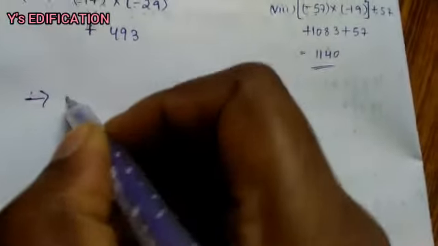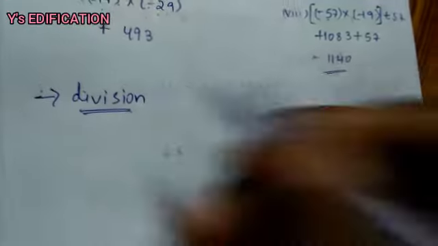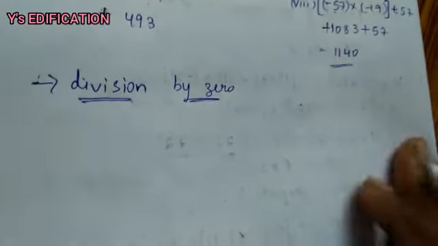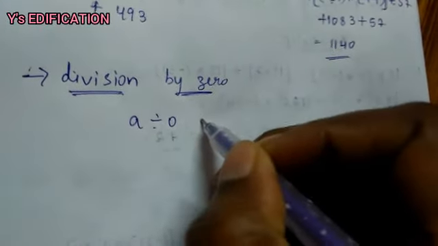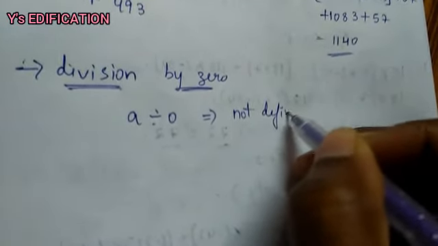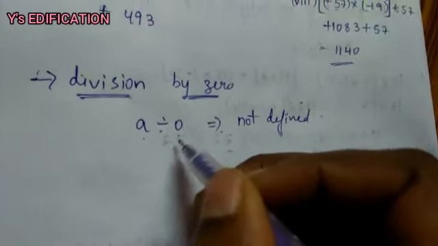Next, we are going to see the division with integers. First one we will see is division by 0. When we divide any number with 0, the answer is not defined.